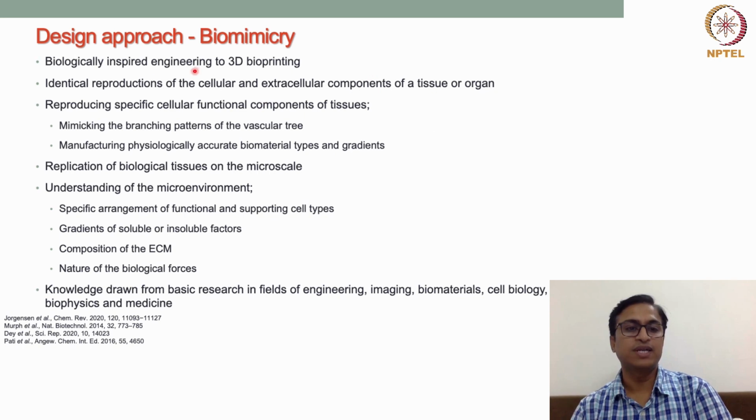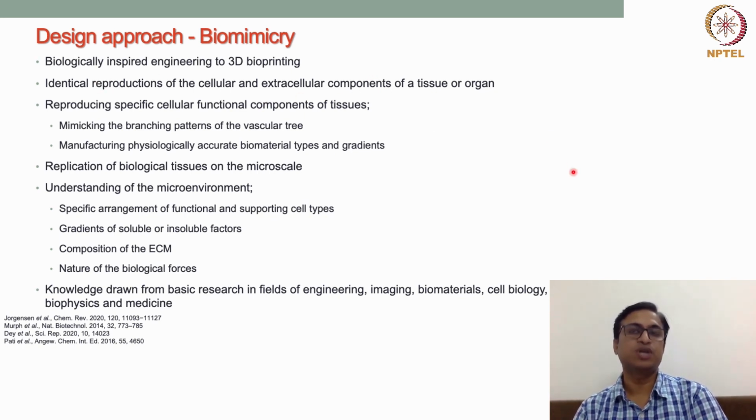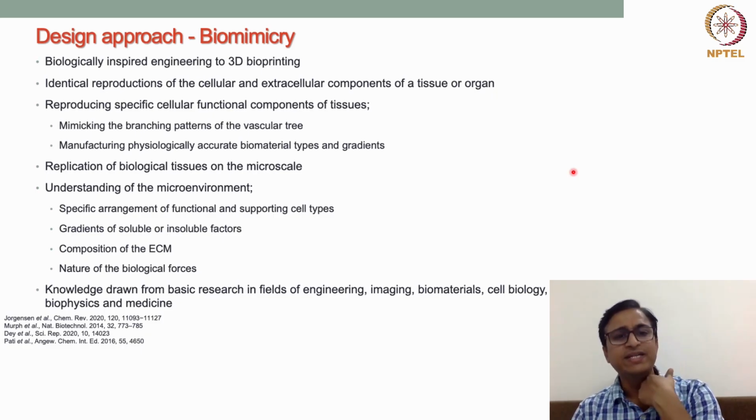Here there are some things that are very important, like identical reproduction of the cellular and extracellular components of a tissue and organ. And in the last lecture I also discussed in great detail and stressed these points: while going for bioprinting of an organ, we are trying to mimic that structure. So identical reproduction of the cellular components of the particular tissue. So what are the different types of cells present in that tissue?